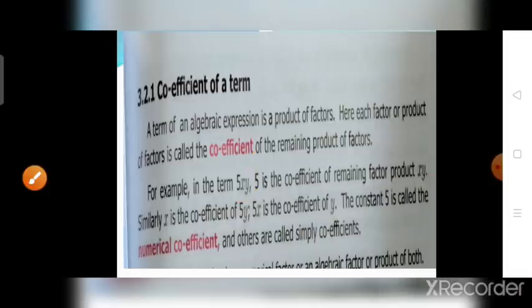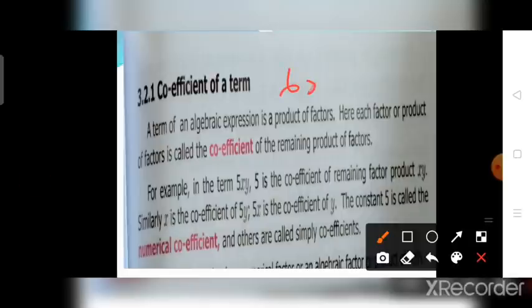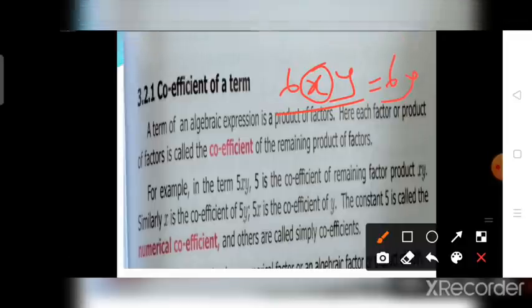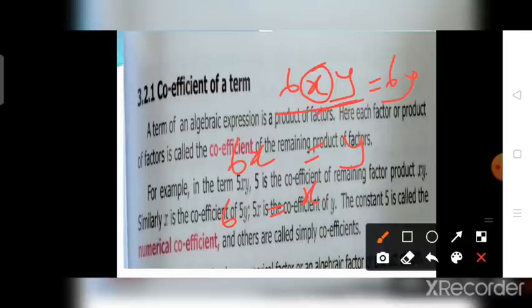Once again, coefficient means, for example, 6xy. This is one term. The coefficient of x means the remaining, 6y. Suppose the coefficient of 6 means the remaining variables xy.